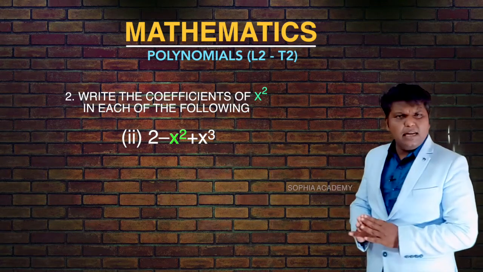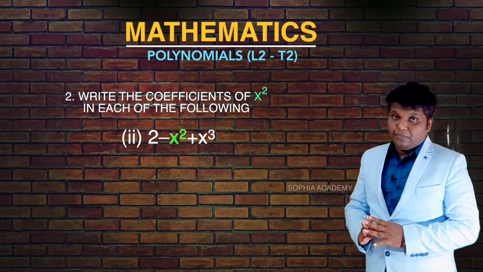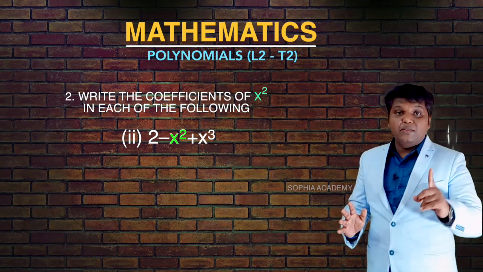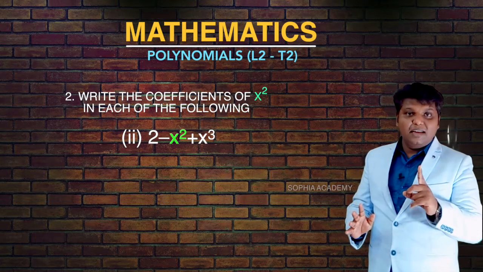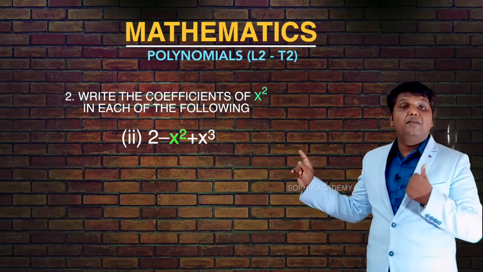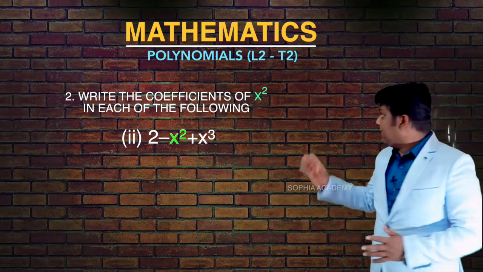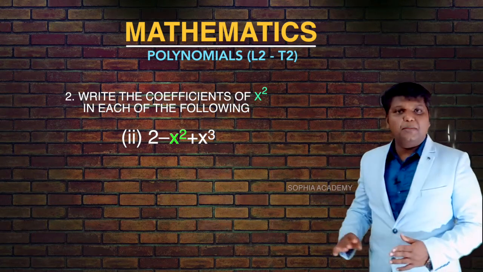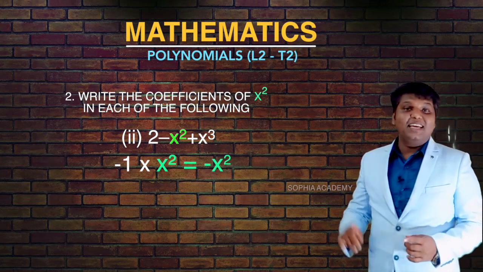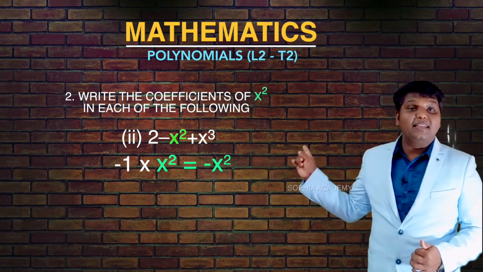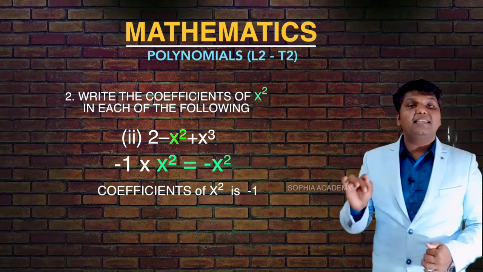In front of x square, is there any number? No. If no number is specified, we take it as 1. Now let us check the sign. In front of x square there is a minus sign. So the coefficient of x square in this polynomial is minus 1.